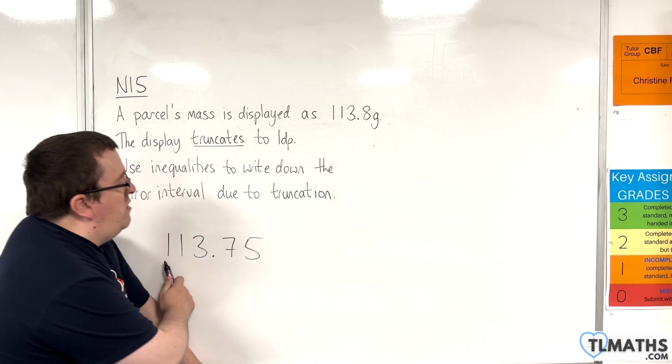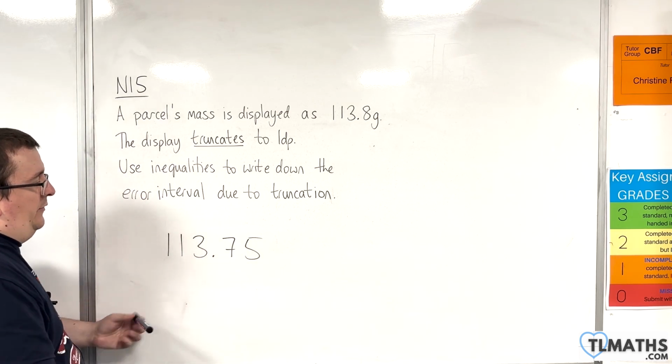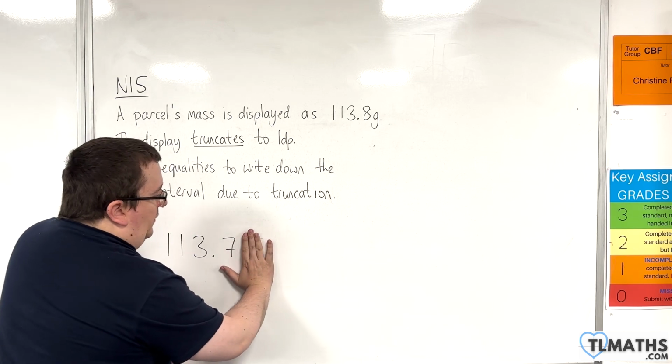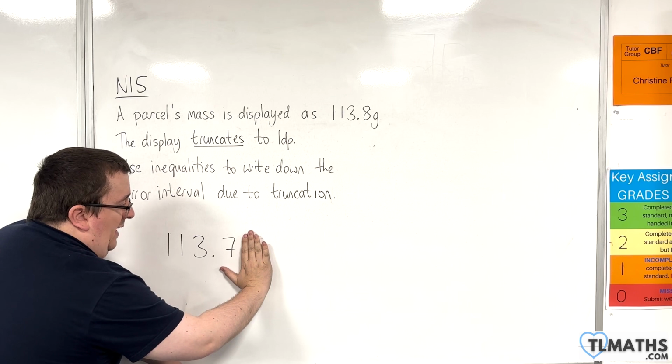Now if you were truncating this to 1 decimal place, what that does is it removes anything to the right of that first decimal place. And so the display would actually be 113.7.